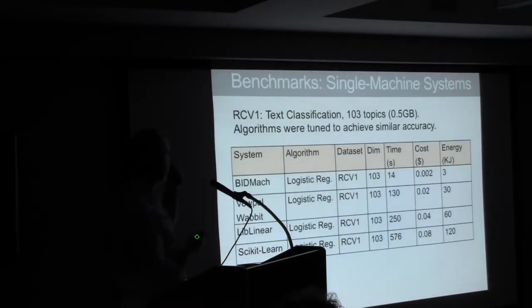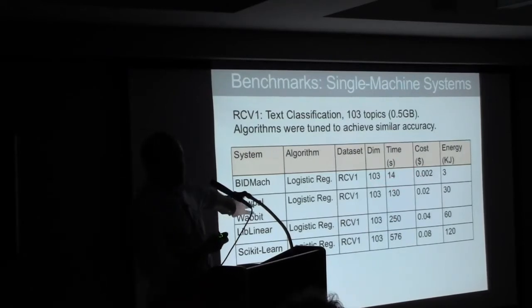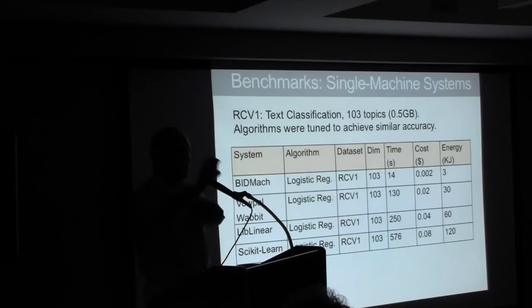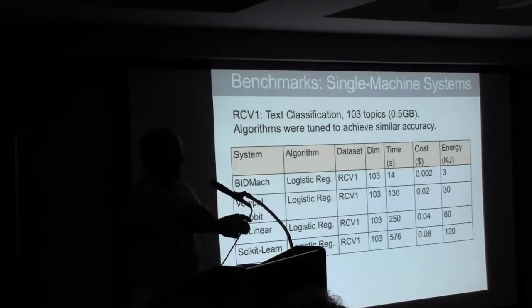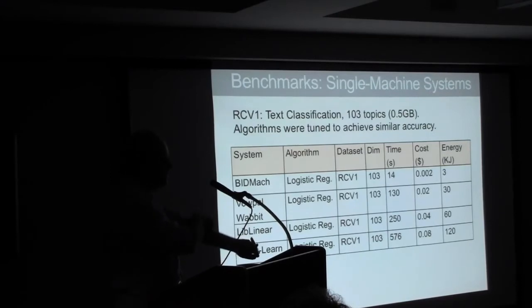So very quickly, RCV1 is a text classification task. It has 100 topics, and we tune the algorithms to get similar accuracy. We're running on GPUs, and when you compare with VW, it is a roofline CPU system. There are various intrinsic Intel machine instructions in the C code, and it's been heavily optimized, so it does represent what you can do with a roofline CPU system.